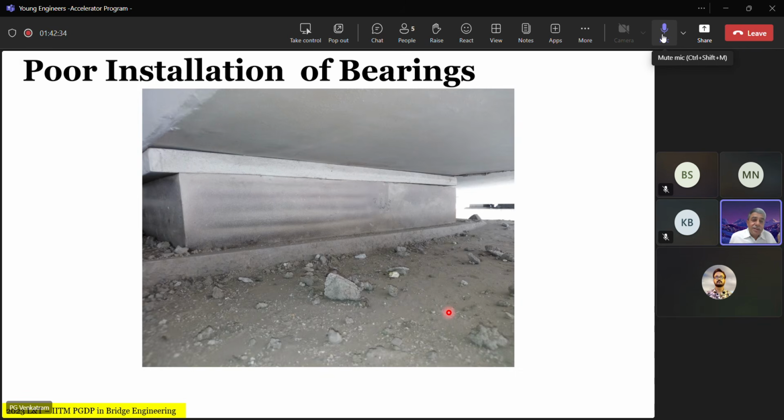The photograph is in front of your eyes. So what does that tell you? If you see a photograph in which there is no gap, Naina caught on because of the gap. Correct or not? Yes, sir. Suppose the gap was sealed by me, and then I showed you the photograph and asked how do you know it's a poorly installed bearing?